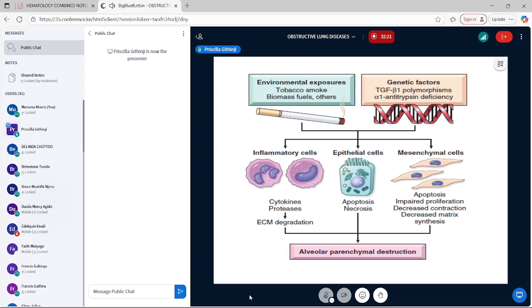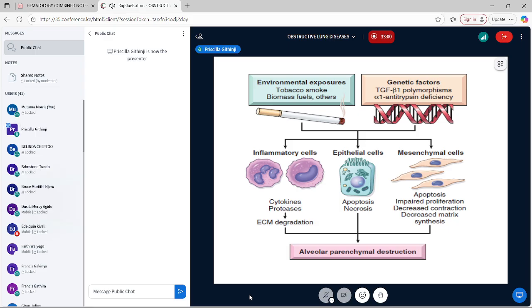So this is just a diagrammatic representation. You have your environmental exposures: your tobacco smoke, your biomass fuels, and others. And also, we've talked about genetic susceptibility, for example, people with transforming growth factor beta 1 polymorphisms, or those who have alpha-1 antitrypsin deficiency. So you have exposure to these noxious agents that cause cell injury in the lungs, and of course, this will trigger cell death, remember, from cell injury: apoptosis or necrosis.